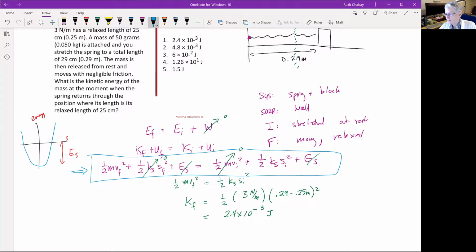And to do that, you have to have picked a system, and you have to have picked initial and final states. Because you picked the system, you knew the external work was 0. And then the initial and final states told you those two terms were 0. So all the thinking goes into this part, and then the rest is just solving, right?